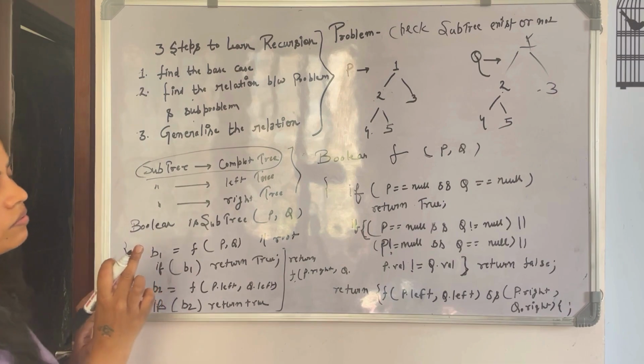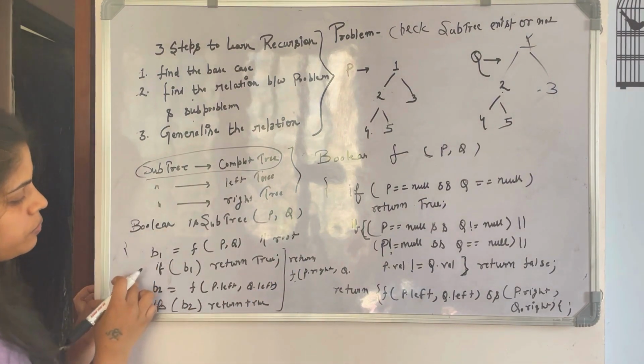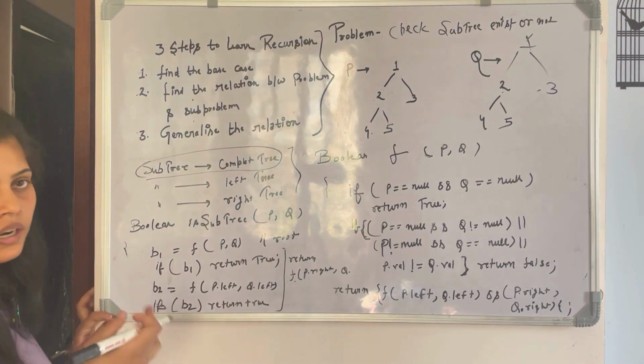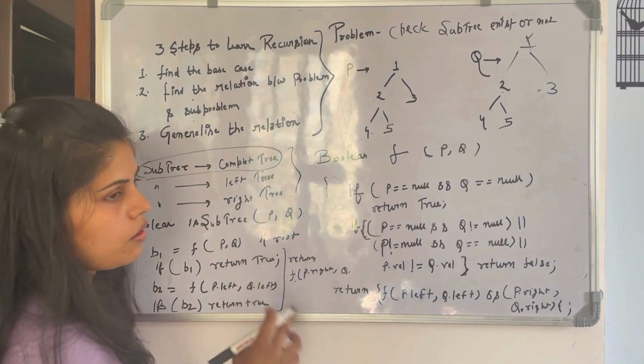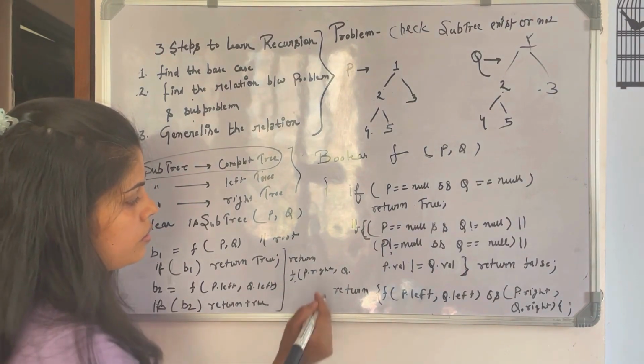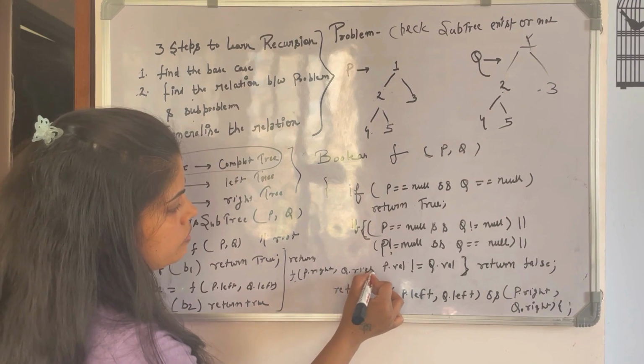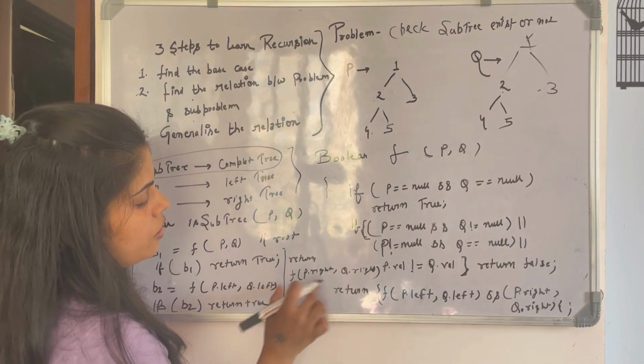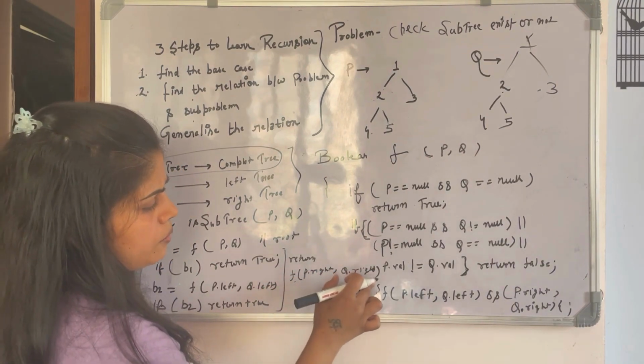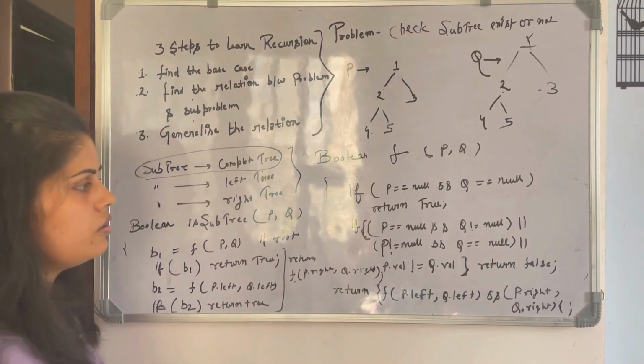If the subtree is not in the complete tree, if the subtree is not on the left, then the subtree can be on the right-hand side, or maybe not anywhere. So if this is true, or it may not be true, finally this will be our solution.